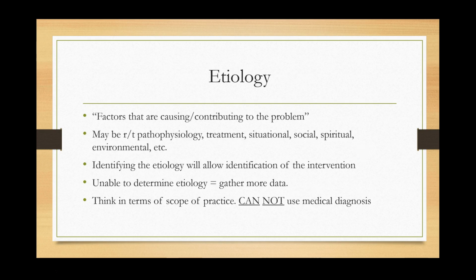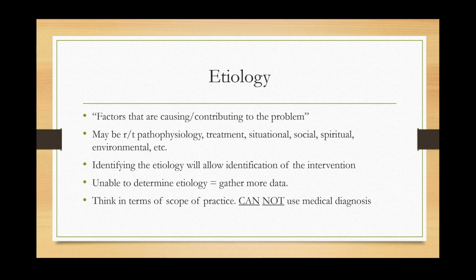So let's look at etiology a little bit more, because this is an area where people really trip up quite a bit. This is probably the most confusing part of the entire diagnostic statement. I put quotes here because this is a direct pull from the book, from Wilkinson and Treese. I liked it, so I kept it. So in etiology are factors that are causing or contributing to the problem.